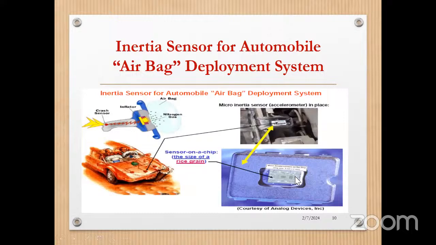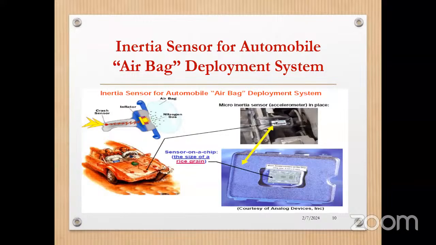This is one of the widely used MEMS devices, used in the airbag deployment system in a car. So when a car hits an object heavily, what is the use of the airbag? What is the principle of the airbag deployment system?